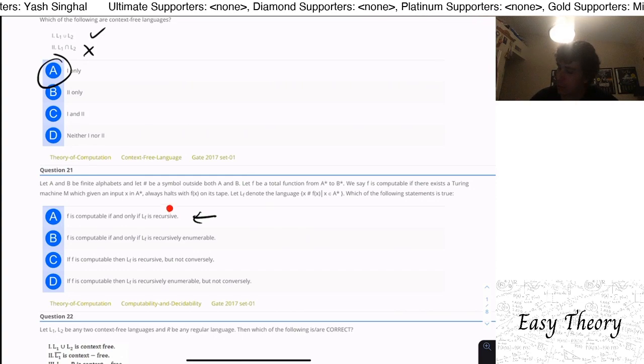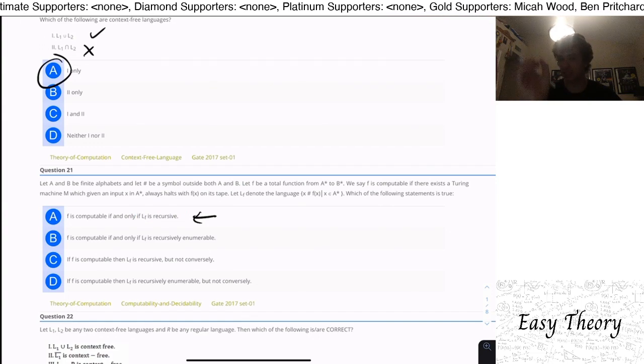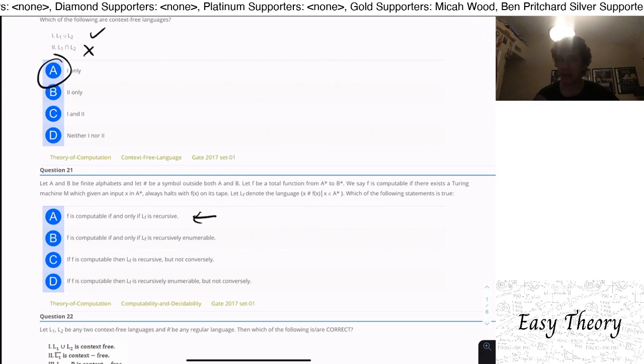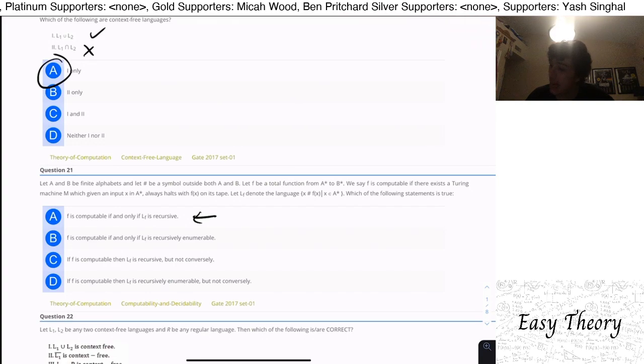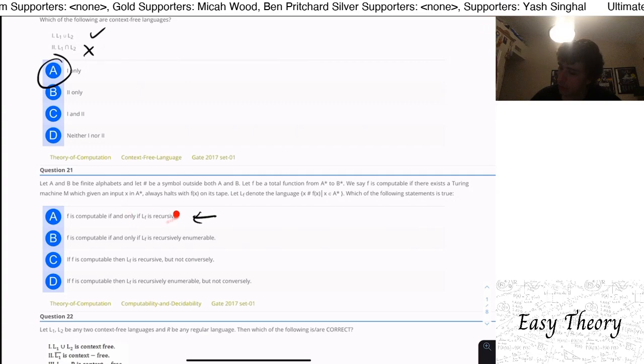Well, consider the other scenario. If L of F is recursive, so we can decide whether X pound sign some string is in there, then how can we actually compute F? What can we do?